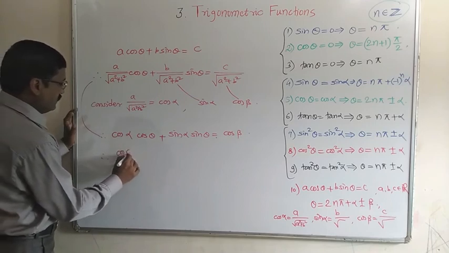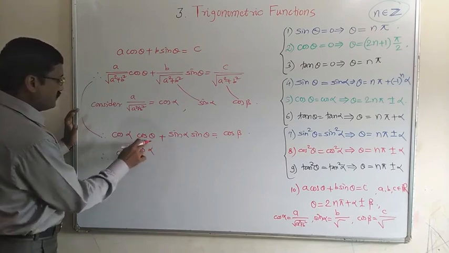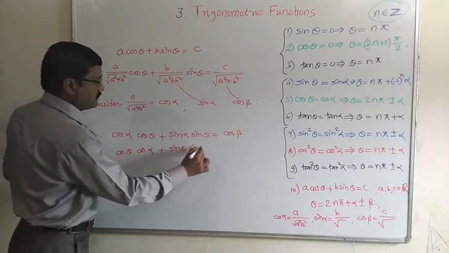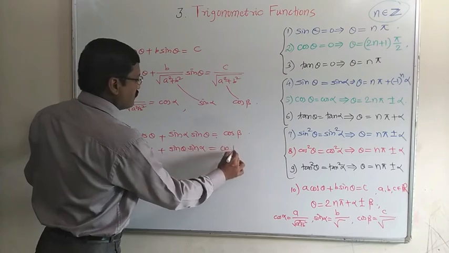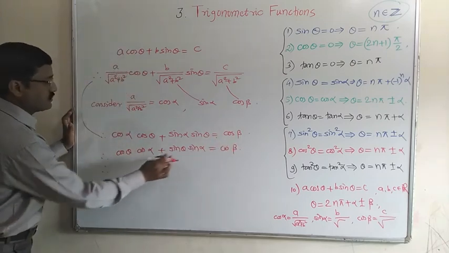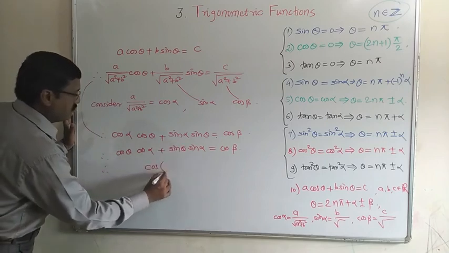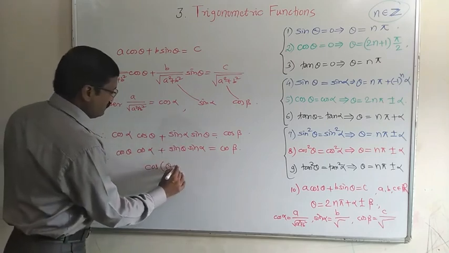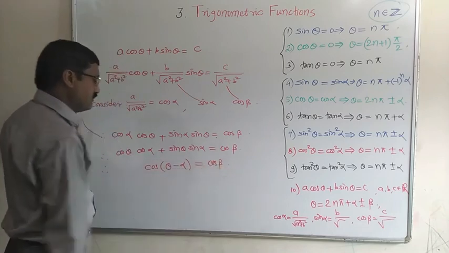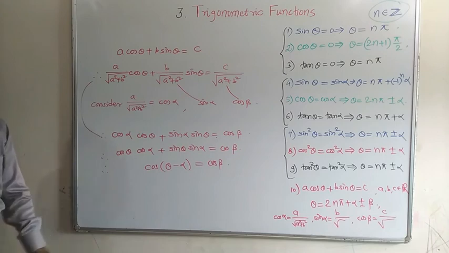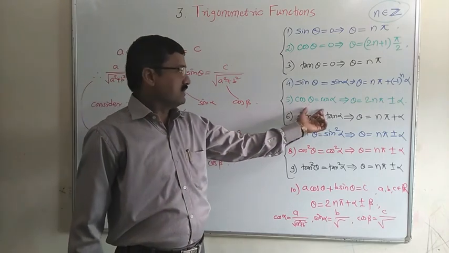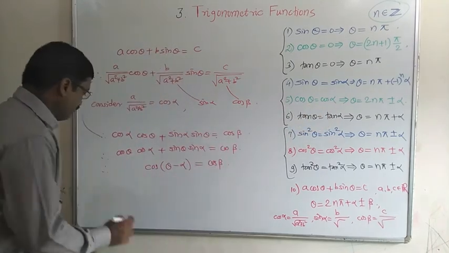We need here to find the angle theta, that's why we will write this equation once again considering theta first. Then we get cos theta cos alpha plus sin theta sin alpha, and that will be cos beta. Cos cos plus sin sin is nothing but cos of theta minus alpha, and that will be cos beta. So we get cos of (theta minus alpha) equal to cos beta. Now this result is similar to the fifth one, cos theta equal to cos alpha, where instead of theta we have here theta minus alpha.